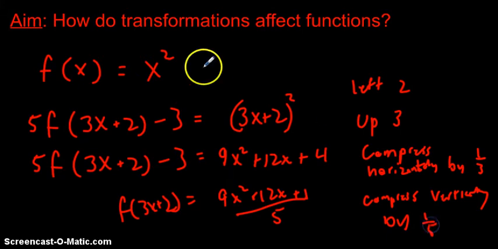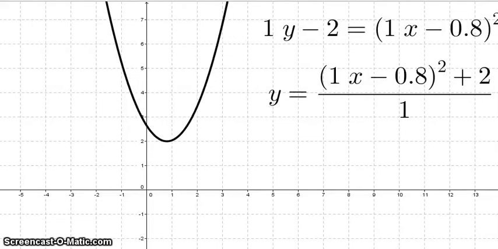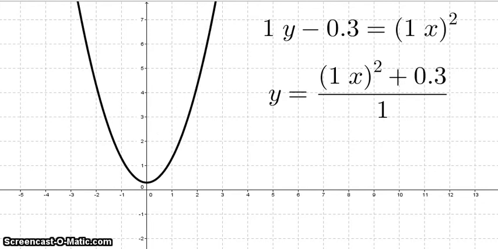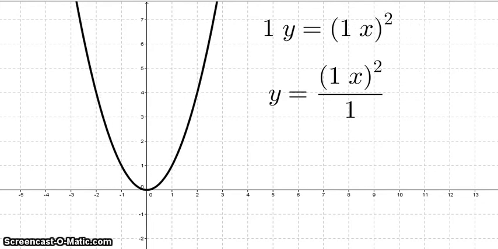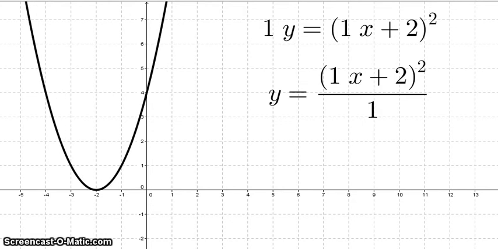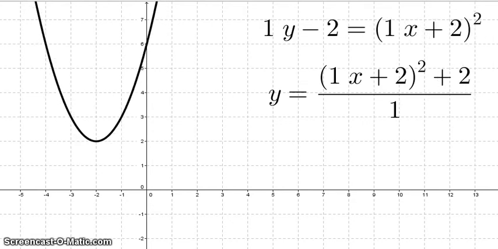So let's take a look at the other graph. Let's take a look as we make small adjustments. So I'm going to set the other graph back to normal, y equals x squared. Alright, so it's going to shift 2 units to the left. We then subtracted 3, so it shifted up 3 units.